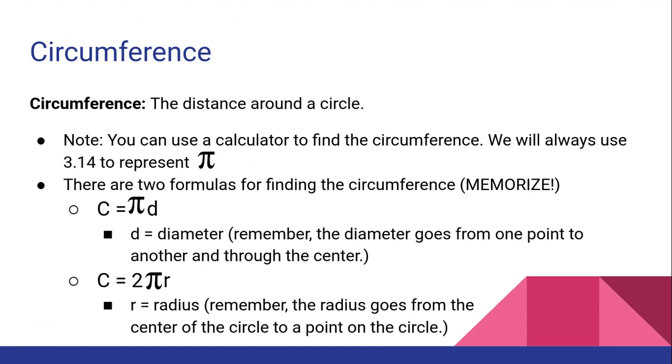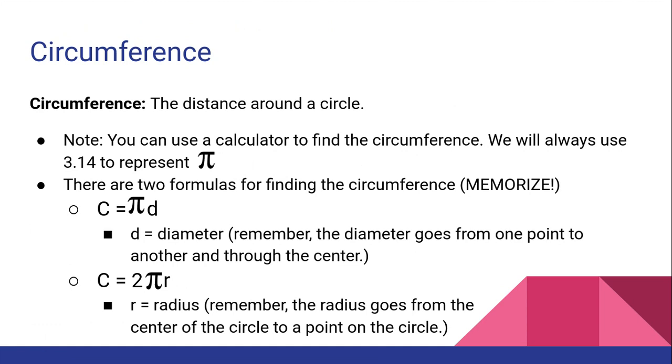Okay, so pi is simply a ratio that we use to help us find circumference. And the ratio is 22:7, but that's not something you'll necessarily need to know. You need to know that pi, when we round it, is 3.14.